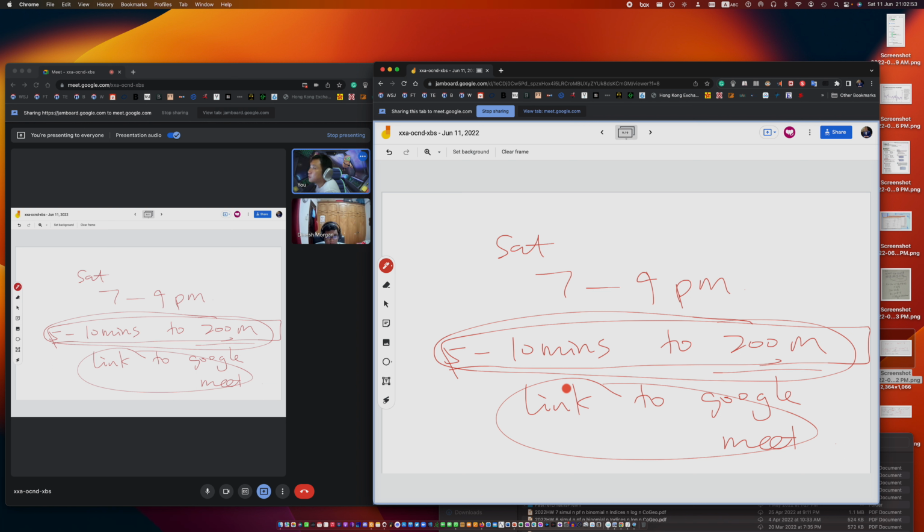So I need you to log into Zoom 5 to 10 minutes earlier. Can it be done? Once you log in, I will send you the Google Meet link, because I think every single time it changes. It's not the same. Zoom is just for transition.